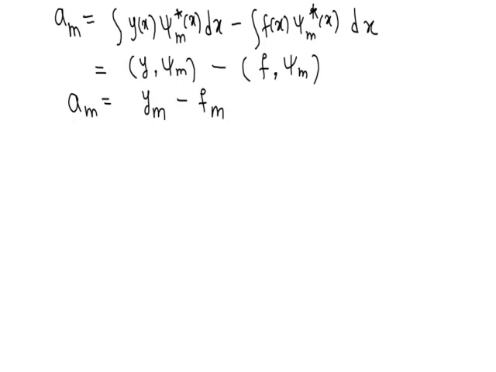Now what does the Hilbert-Schmidt theorem tell us? It says that suppose we have some function f(x), and in this case our function is y(x) minus f(x). Hilbert-Schmidt theorem says that we write the Fourier series corresponding to this, so it is xi_m of x.